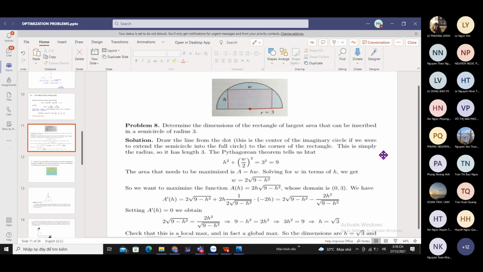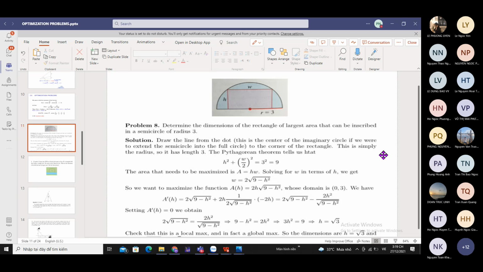It's so easy to see this relation between h and w by the Pythagorean theorem. h squared plus (w over 2) squared gives you 3 squared. It's so clear, huh? So clear. All right, so the area of the rectangle gives you h times w.